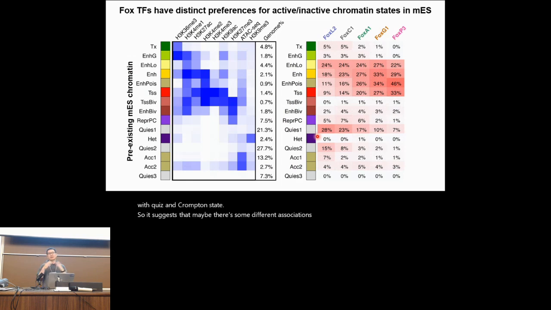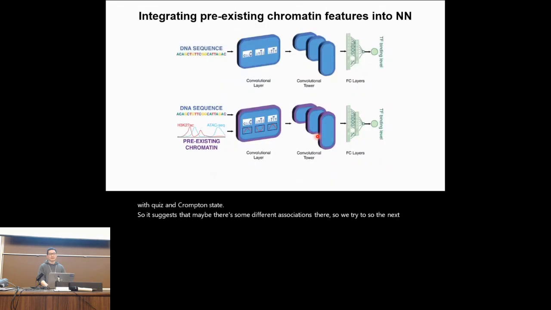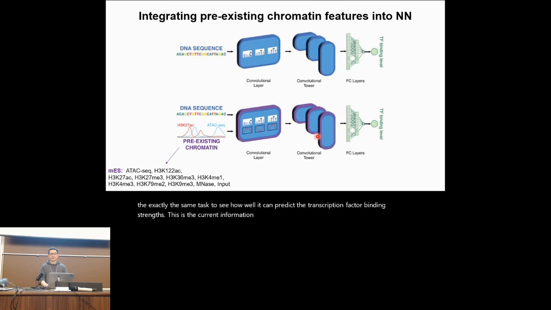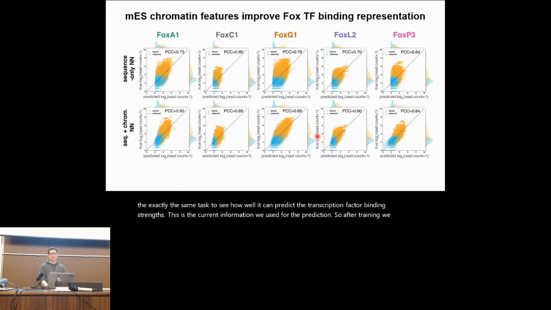So the next step is to put this pre-existing chromatin information into the model we just mentioned, basically taking the DNA sequence and chromatin information and doing exactly the same task, to see how well it can predict the transcription factor binding strength. This is the chromatin information we used for the prediction. After training, we have 2 types of models. The first row is the sequence-only models.